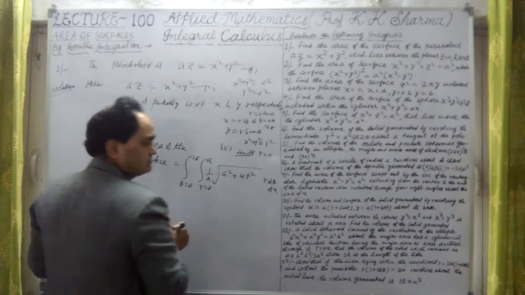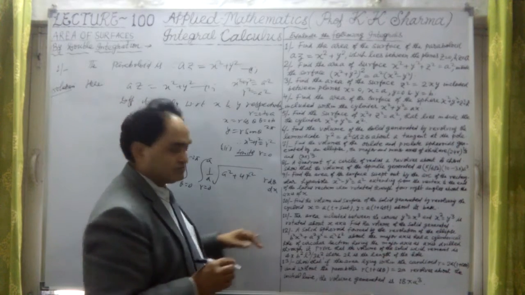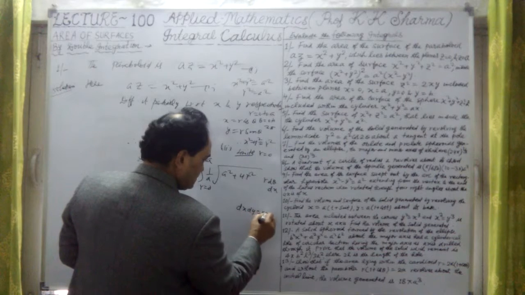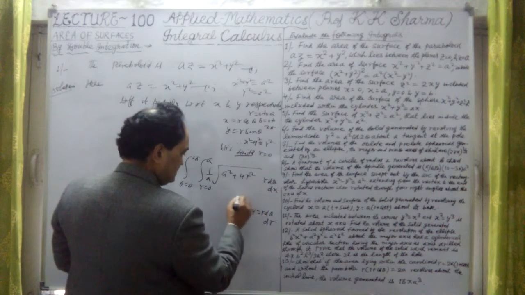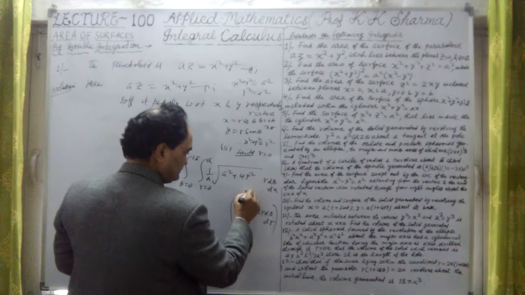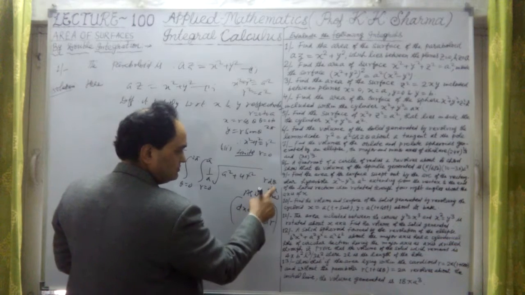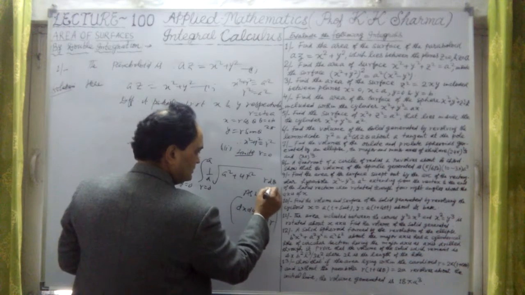When we convert into polar coordinates, I have described in multiple integrals that dx dy equals r d theta dr. This we have defined in multiple integrals.